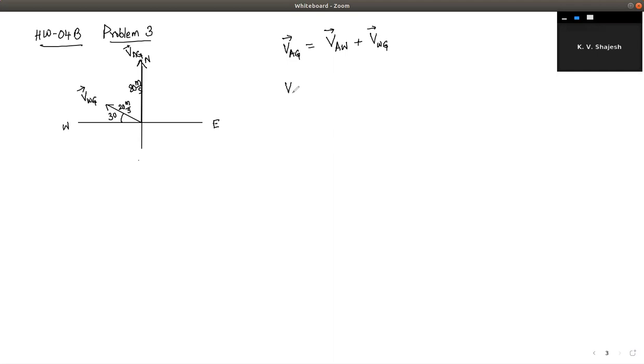So the velocity of the airplane with respect to the wind, that is, in what direction and with what speed it should be heading, will be equal to the velocity and direction that we desire, minus the velocity of the wind with respect to the ground.